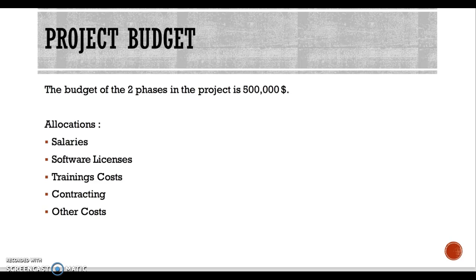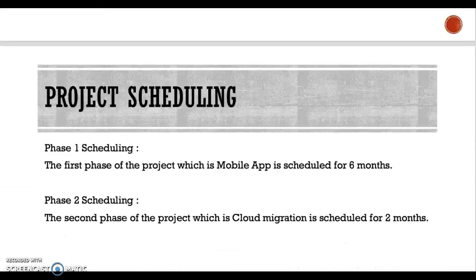And in the project budget, I think 50% of the budget is allocated to the salaries we give for the labor, and the remaining 50% is for the remaining allocations.